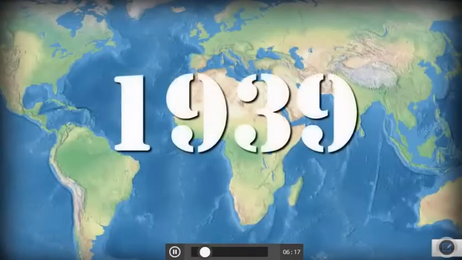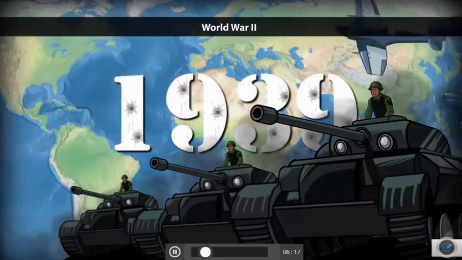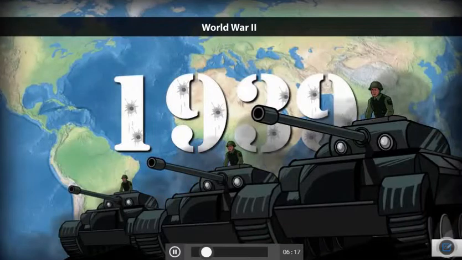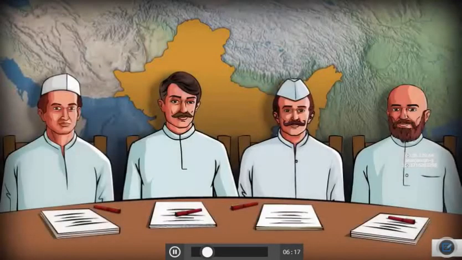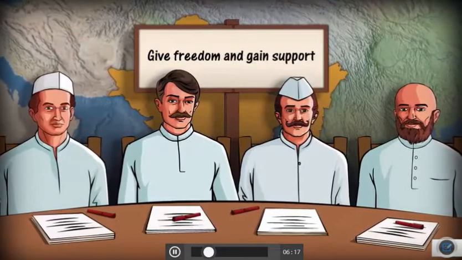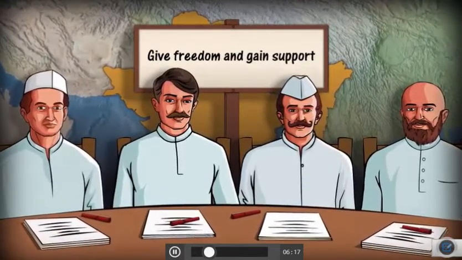In 1939, when the Second World War broke out, the British government of India joined the war without consulting the Indian representatives. In response, the Congress leaders demanded that India should first be declared free from the British rule before it could help other nations fight for freedom.